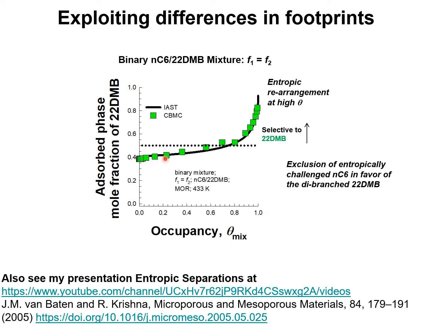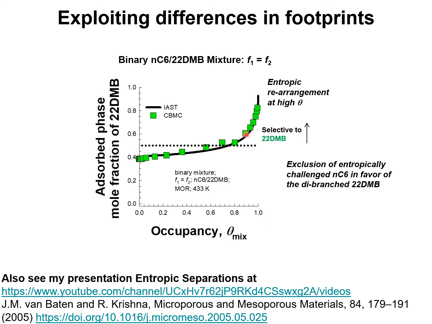The molecular simulation data are shown by the green squares, and we note that beyond a pore occupancy of 0.7, the mixture adsorption is in favor of 2,2-DMB, and at a pore occupancy of unity, in other words, at pore saturation, the mole fraction of 2,2-DMB in the adsorbed phase is 1. In other words, normal hexane is virtually excluded from the pores as we approach pore saturation.